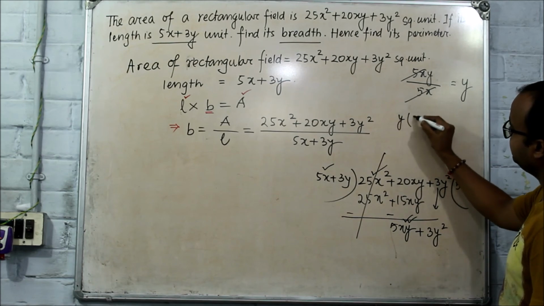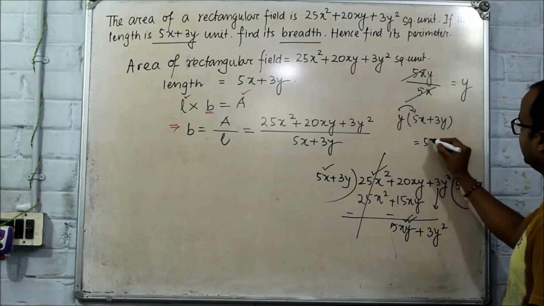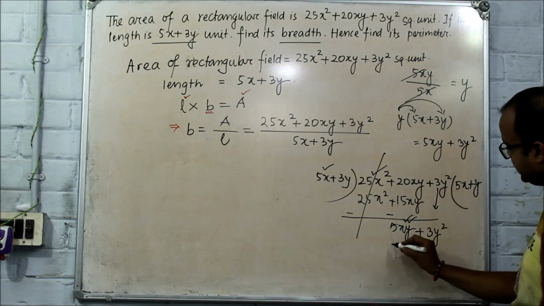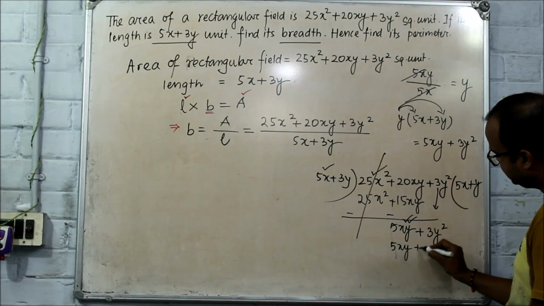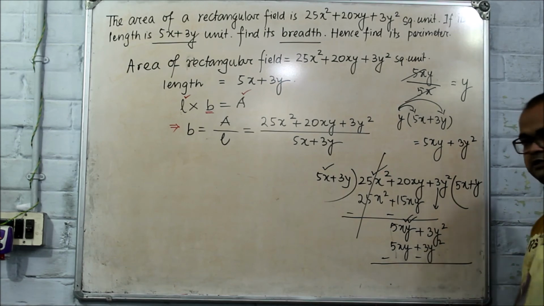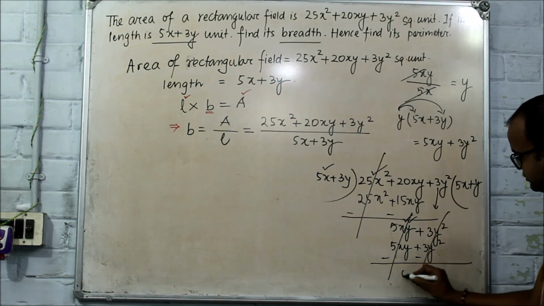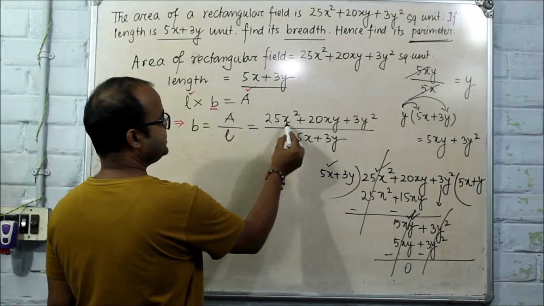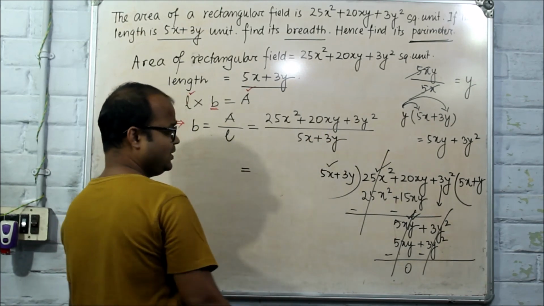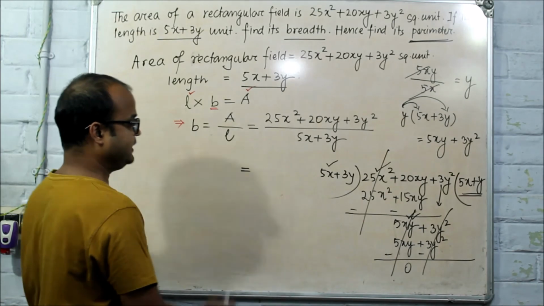Now y will multiply with 5x plus 3y, so you get 5xy plus 3y square. We change the sign. 5xy minus 5xy cancel, plus 3y square minus 3y square cancel. So if you divide 25x square plus 20xy plus 3y square by 5x plus 3y, remainder is 0 and quotient is 5x plus y.